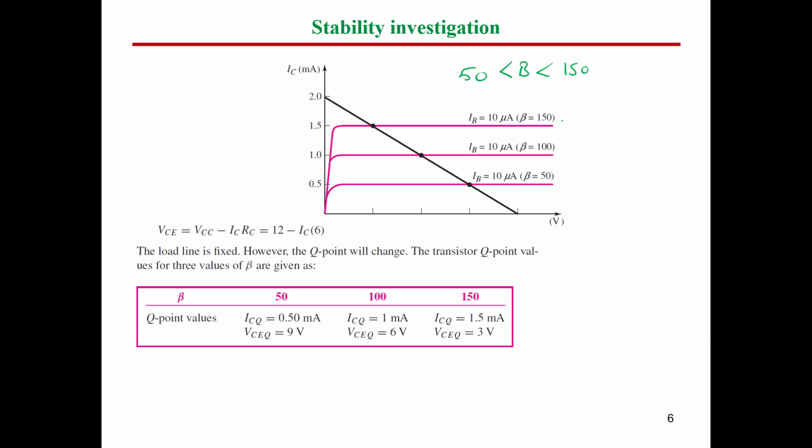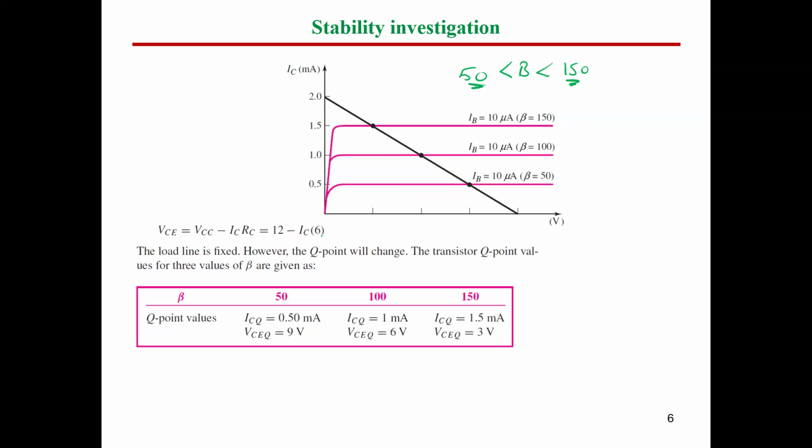So we can repeat the calculations to get the values of IC and VCE at 50 and 150 current gain. You know the equation: the collector to emitter voltage VCE equals VCC minus IC RC, so 12 minus IC times 6. 6 is the value of RC, so we don't change our circuit anymore.